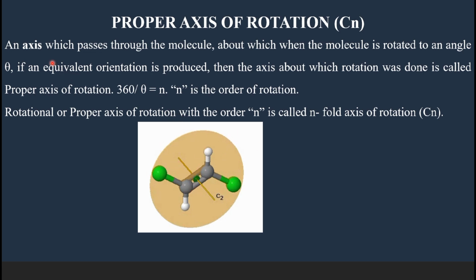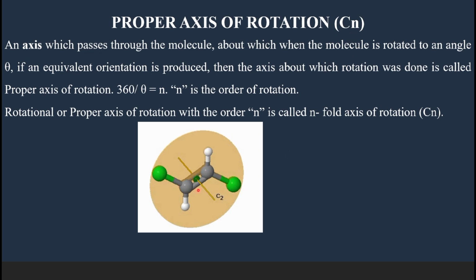So it is an imaginary axis which goes through the molecule, about which when you do a rotation for angle theta, you have to meet with an equivalent structure. So then this imaginary axis is called axis of rotation, proper axis of rotation or rotational axis of symmetry, which is denoted with the symbol Cn.